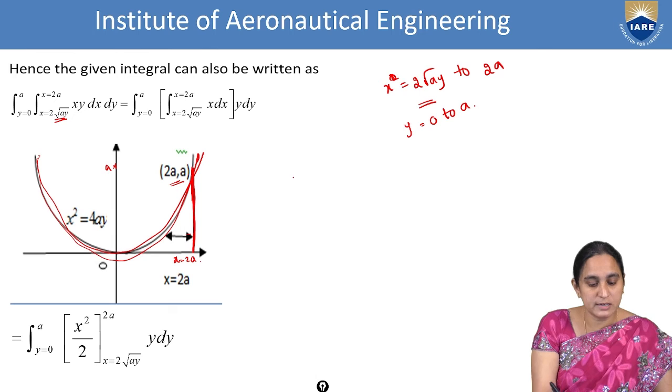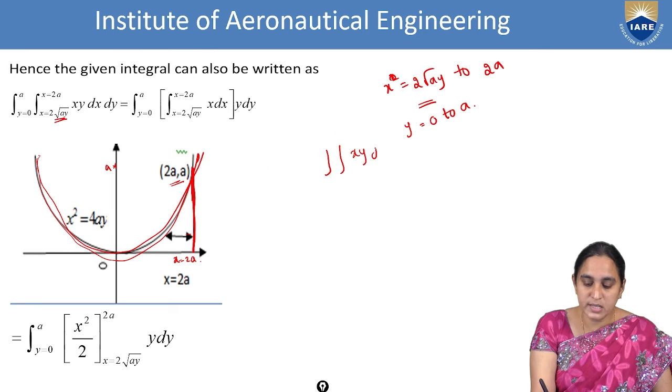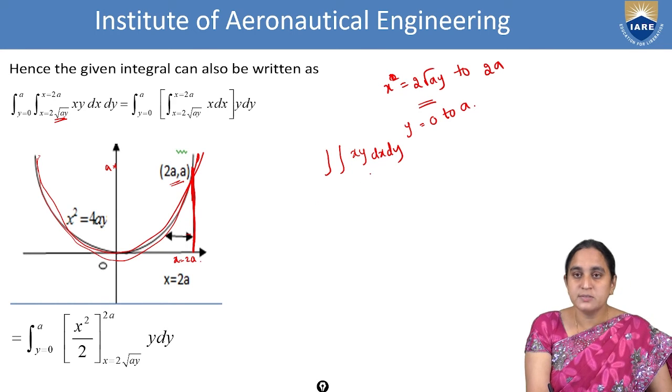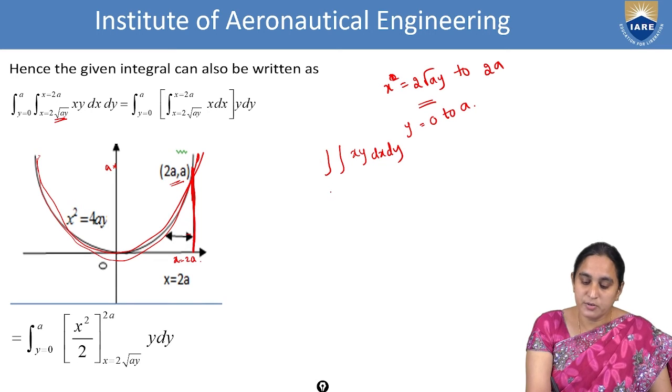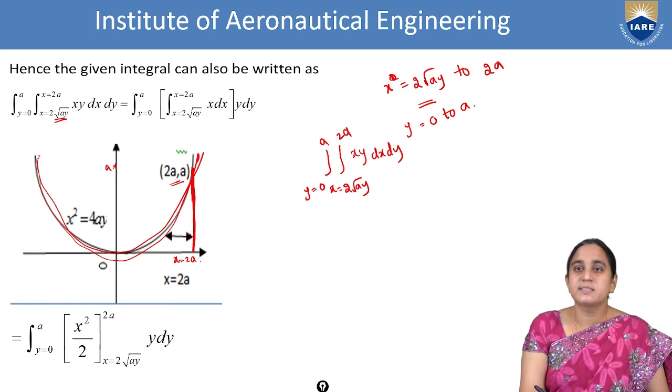Now substitute those limit points into the integral of xy dx dy. Now I'll fix y, and x varies from 2 root ay to 2a. That means I'm using the second definition of double integration. x is in terms of y, and the y limit points are 0 to a, xy dx dy.